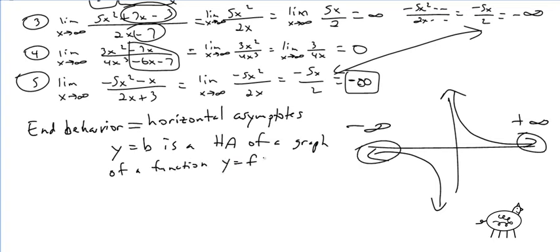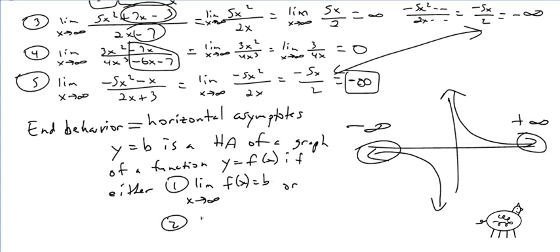y equals f of x if either 1, limit as x approaches infinity of f of x equals b, or 2, limit as x approaches negative infinity of f of x equals b.